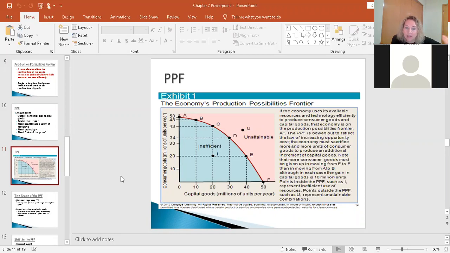So we only had to give up 2 million units to gain 10 as we move from consumer to more capital. How about when we gain the next 10 million units, from 10 to 20, how much do we give up? 5, thank you, okay? So the opportunity cost just increased from 2 to 5. And then as we go from C to D, what happens?